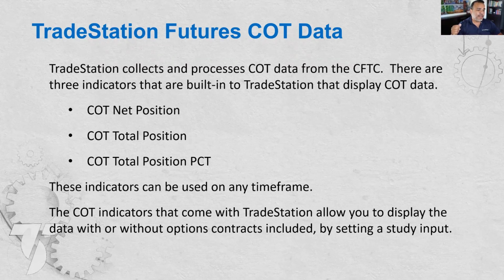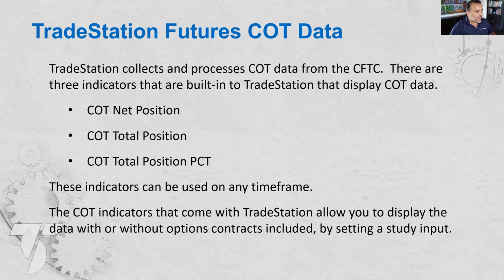The built-in indicators allow you to include options on futures or not. By default, they don't include options on futures, but if you want to include those contracts in the numbers, you can just go to the inputs and make a switch, and then you're including options and futures.